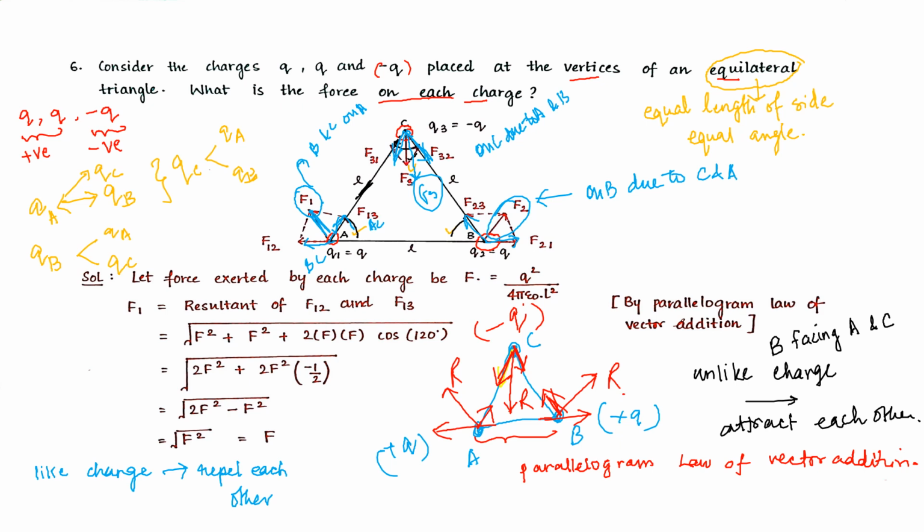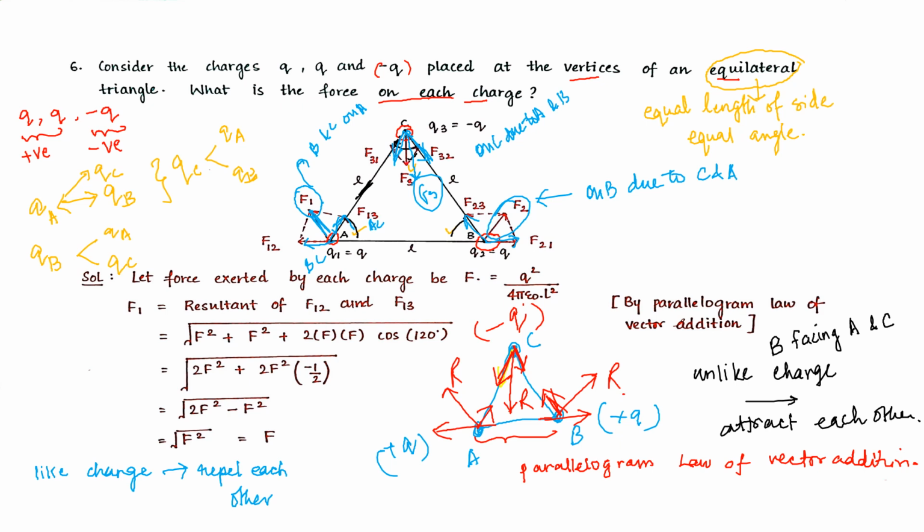So here the point to be understood is C is our negative charge, A and B are positive charge. When we take the relation of A and C, these will show force of attraction. Hence, the force lines are going towards each other.